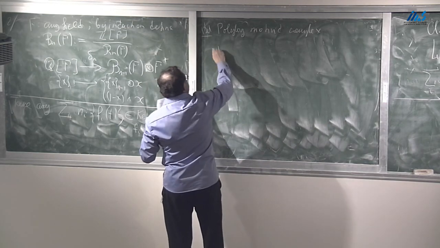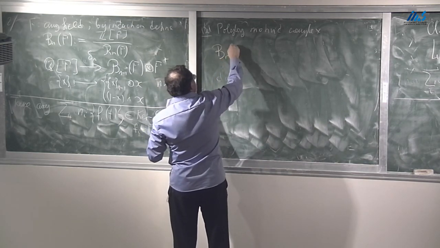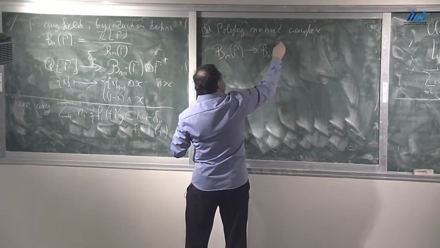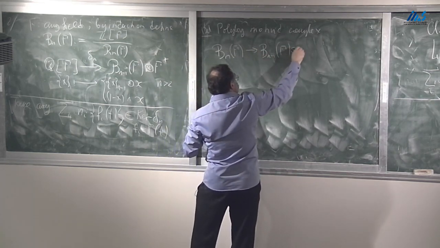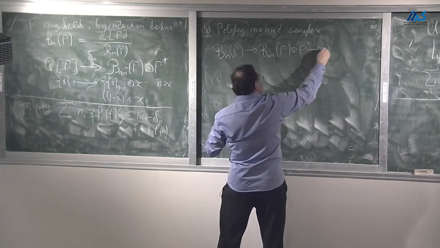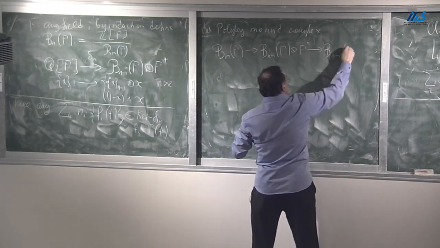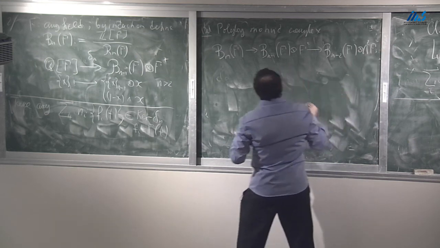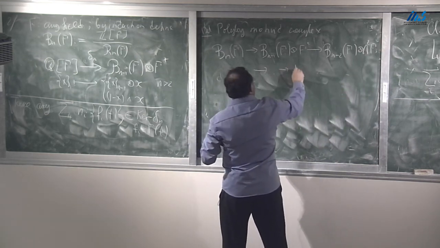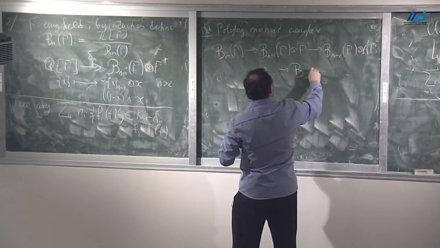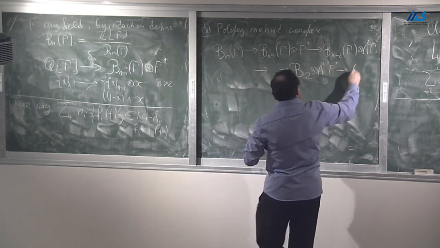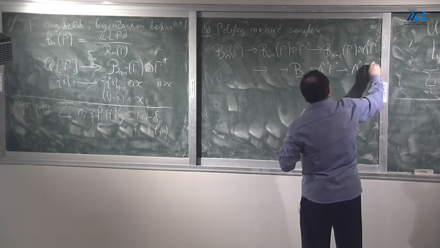You write this group B_n of F, map it to B_{n-1} of F tensor F star. Then you map it to B_{n-2} of F tensor wedge 2 of F star. And then you keep going. In the last moment, you're going to B_2 tensor wedge n minus 2 of F star. And then you go to lambda n of F star.